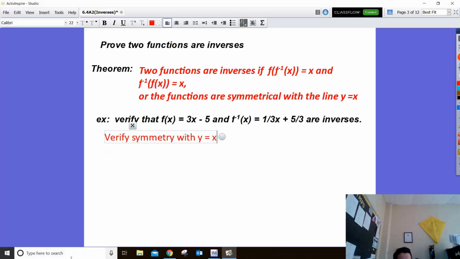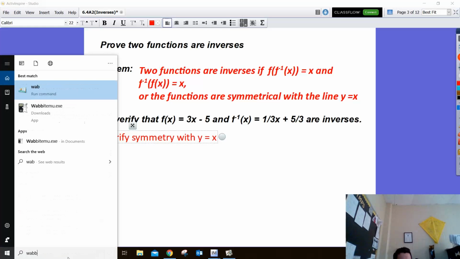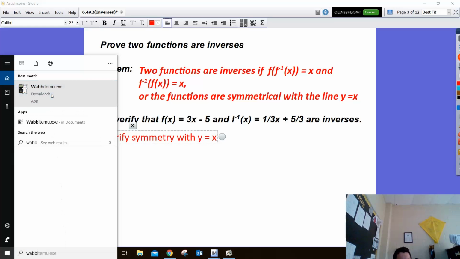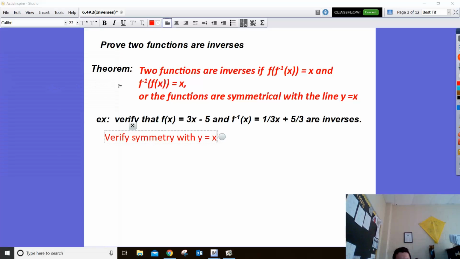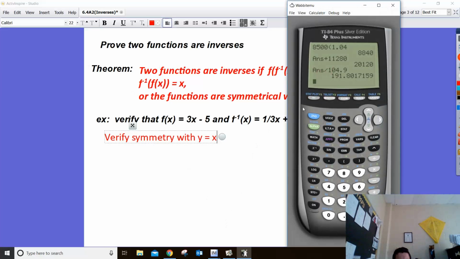Now I'm not going to graph this by hand. Go to y equals. I'm actually going to type the functions in one at a time so you can see them if you're not playing along. There's 3x minus 5, standard zoom. Then I'm going to graph the line of symmetry, y equals x.